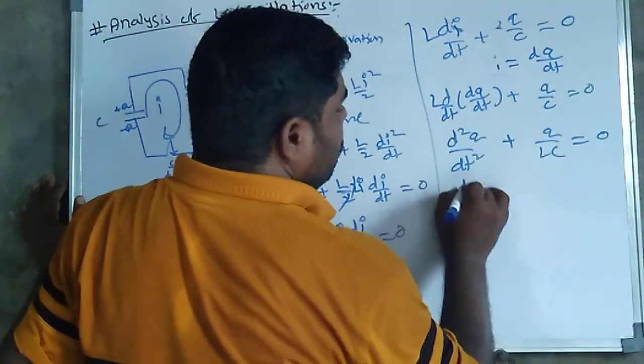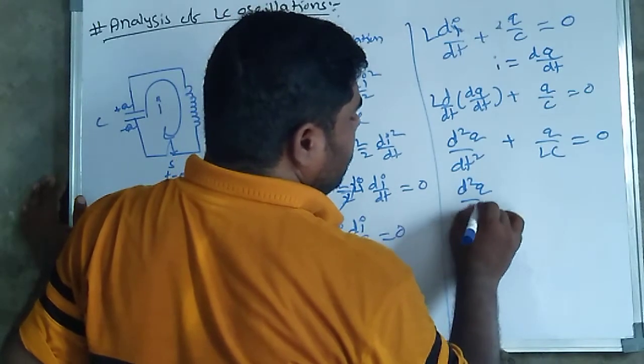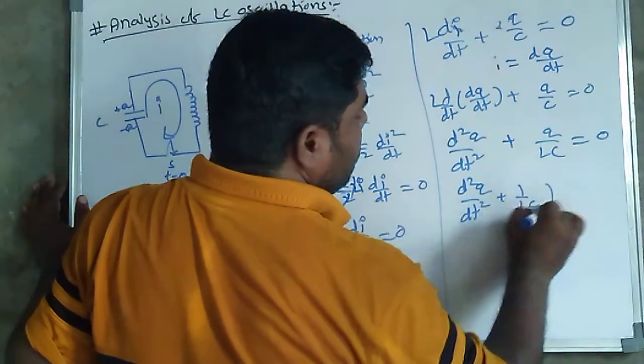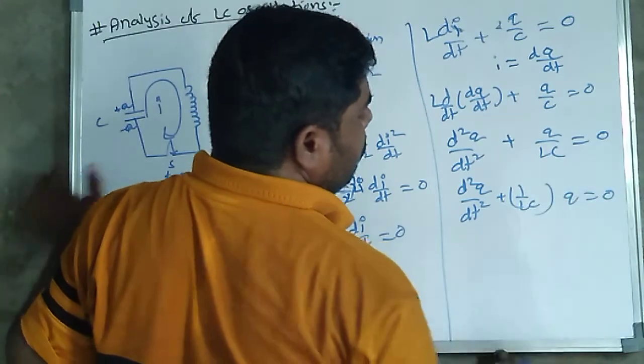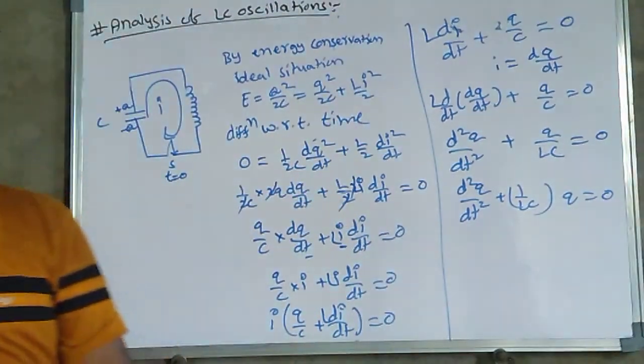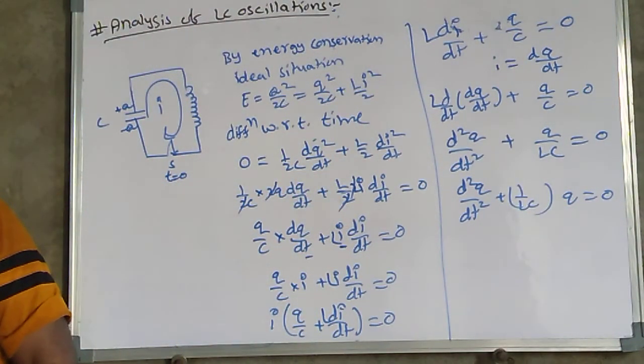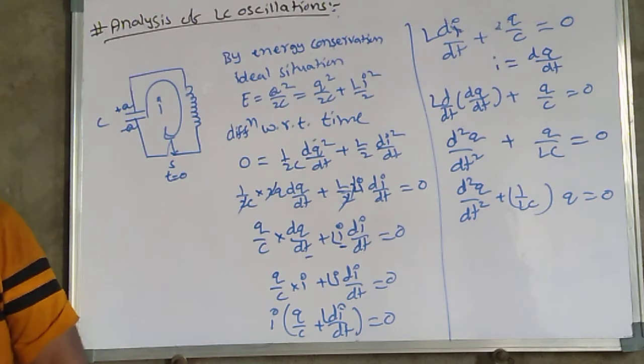So d squared q by dt squared plus 1 by LC into q is equal to 0. This equation looks like the basic differential equation of SHM.